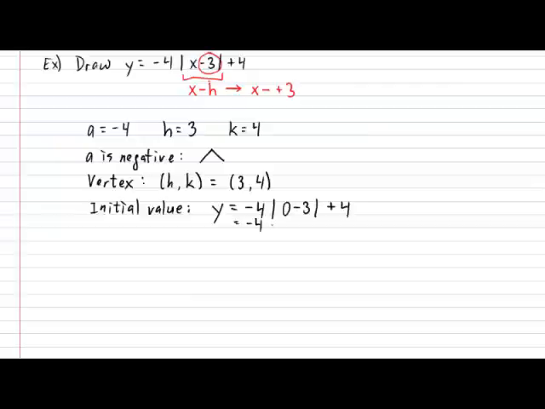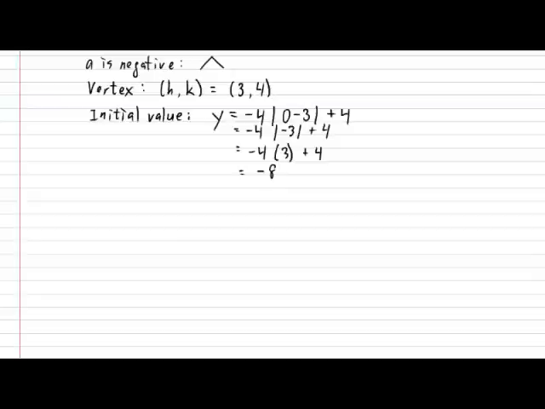This will give you negative 4 multiplied by the absolute value of negative 3 plus 4. And that will become negative 4 multiplied by the absolute value of negative 3 is positive 3, and then plus 4. And our final answer to the initial value is that y is equal to negative 8.